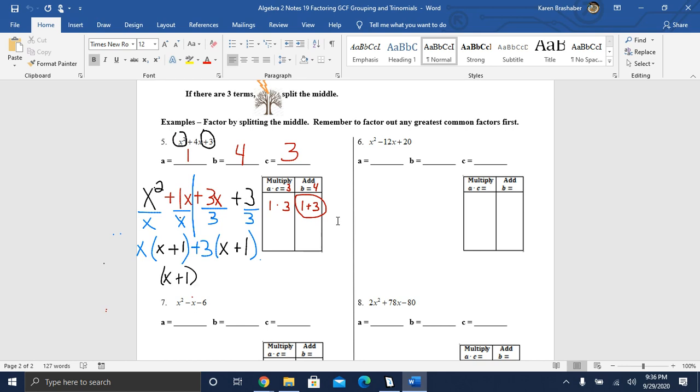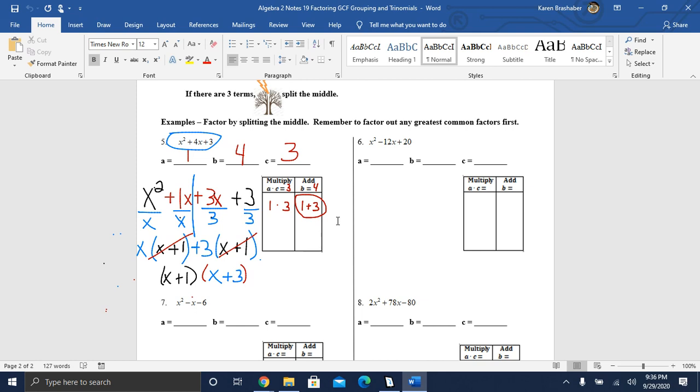And then I can mark it out. And my other factor is what I did not cancel out, which was the x plus the 3. And so those 2 factors would multiply together to give me what I started with up here. Those 2 factors would multiply together to give me x squared plus 4x plus 3.